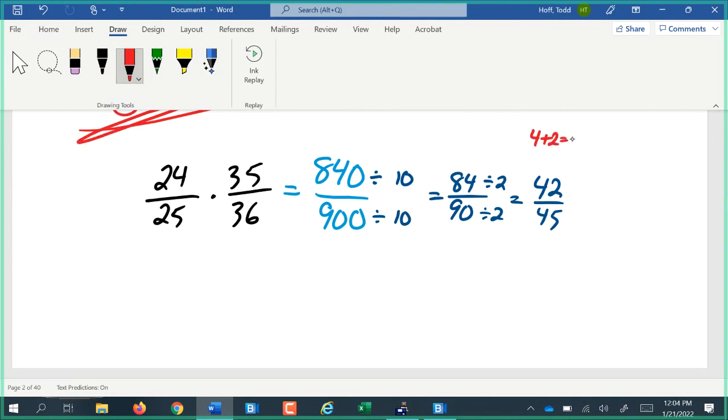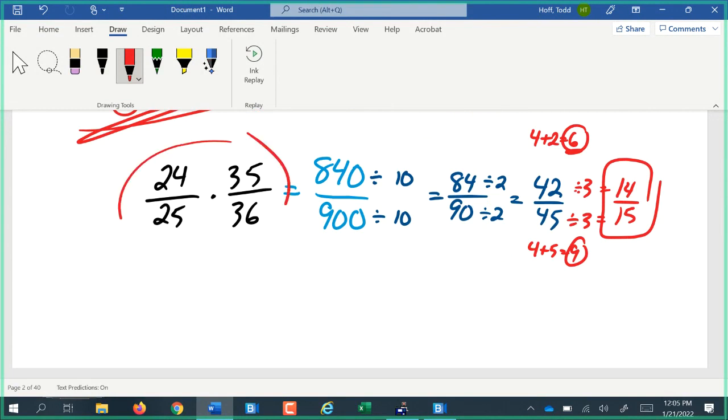That's divisible by 3, so 42 is divisible by 3. 4 plus 5 is 9. That's divisible by 3, so 45 is also divisible by 3. So 42 divided by 3 is 14. 45 divided by 3 is 15. So 24/25 times 35/36 is 14/15.